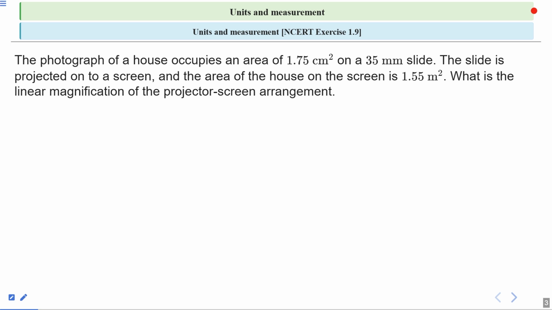Okay, so there is a photograph of a house on a slide. On the slide, the image of the house has 1.75 centimeter square area, and when it is projected, it has an area of 1.55 meter square. Okay, and they are asking for linear magnification. They are not asking for area magnification, so keep that in mind.